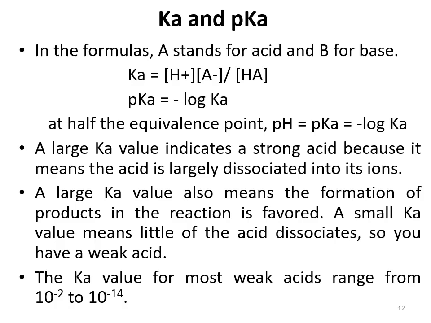So you can say that if the Ka value is large, the acid is strong, and if the Ka value is small, the dissociation is poor, meaning it is a weak acid.